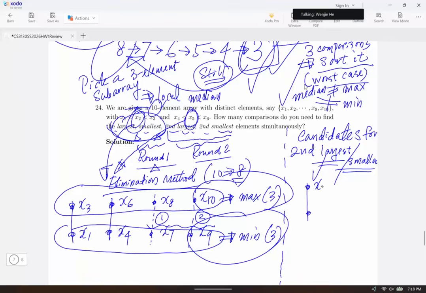The x2 and x5 are similar, so we may like to compare x2 and x5. We already used 8 comparisons, so that's our comparison number 9.